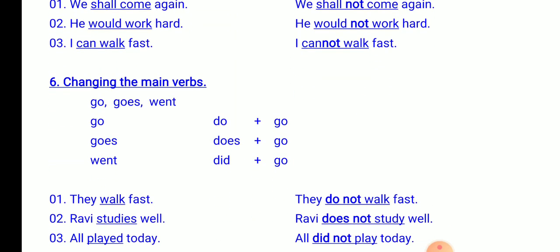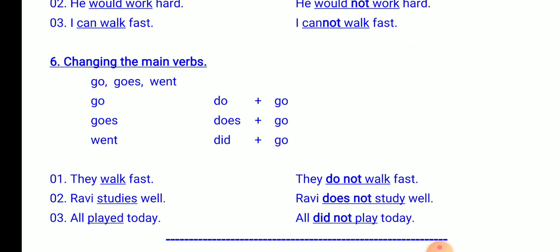We will move on to the last part, that is changing the main verbs into negative. What are the main verbs? The main verbs are those which are in the simple present and the simple past tense.